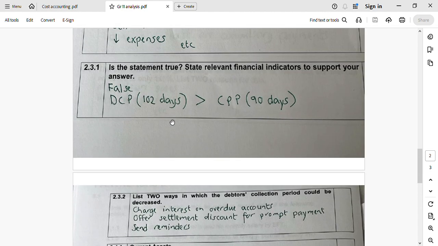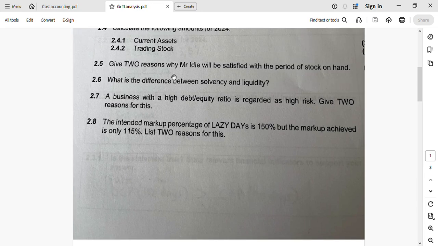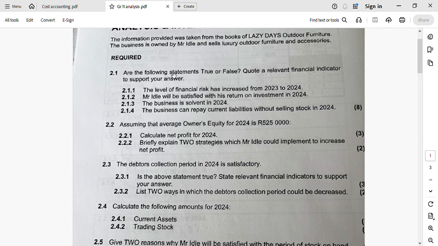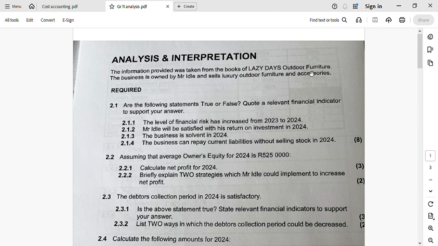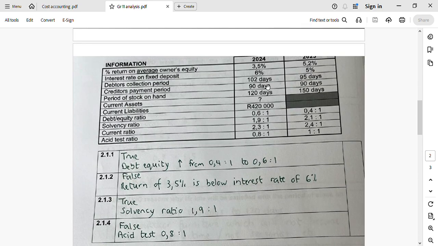Okay, and then the next question is: give two reasons why Mr. Idle will be satisfied with the period of stock on hand. I should have actually said right at the beginning that they sell outdoor furniture. Okay, so they sell luxury outdoor furniture and accessories. So if you look at your stock turnover rate or your period of stock on hand, the first thing here is it has decreased. So therefore you're selling stock more quickly.